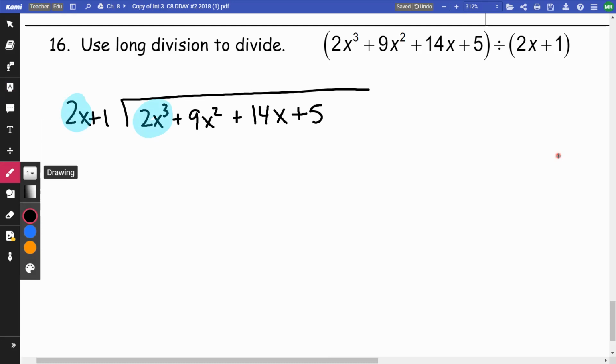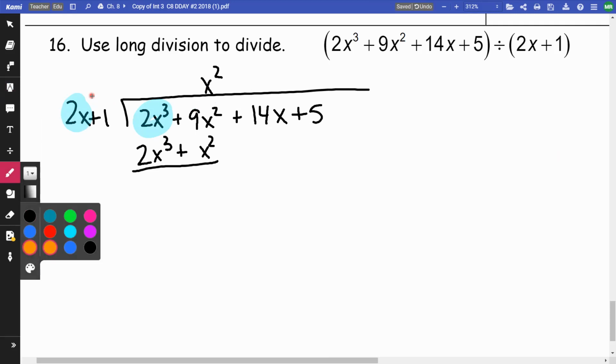So 2x times x squared is going to be 2x to the third. So I'm going to multiply it with both of these terms. So I'm going to get 2x to the third plus x squared. And then I am going to subtract, so that becomes negative. And then I combine and I get an 8x squared, bring down my plus 14x.